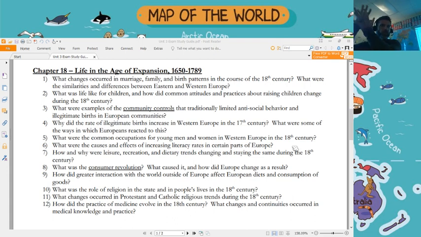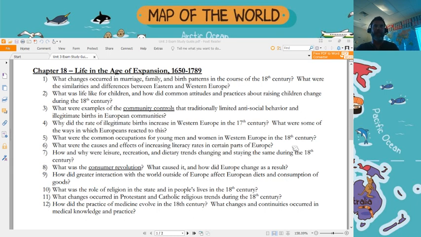So some things do get better, but there's no anesthesia yet to make surgery bearable. There's no antibacterials or antiseptics yet, so that's still in the future. So getting surgery is still a really dicey proposition.